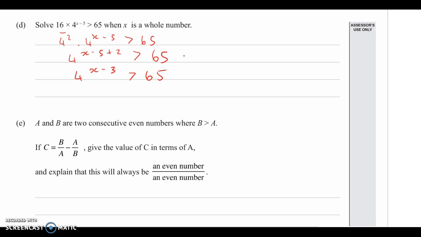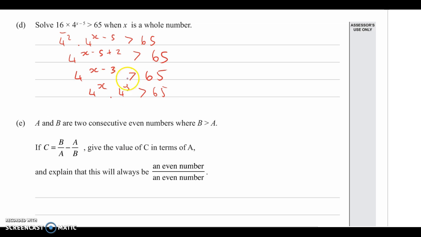Now, I could say, well, this side here is 4 to the x times 4 to the power of negative 3.